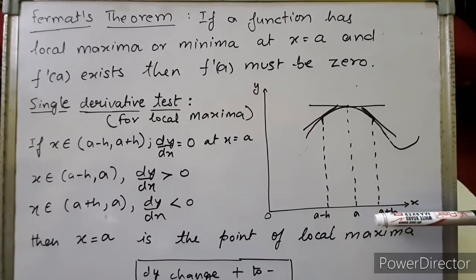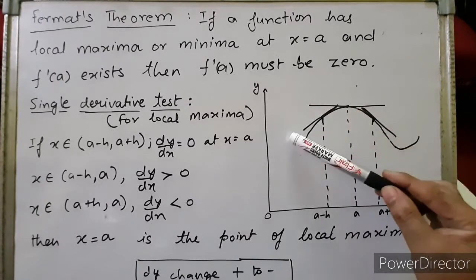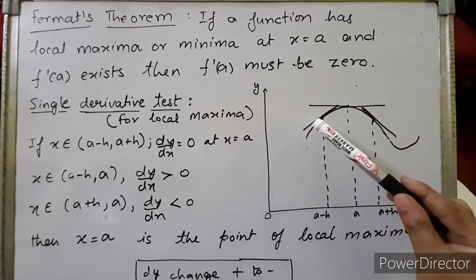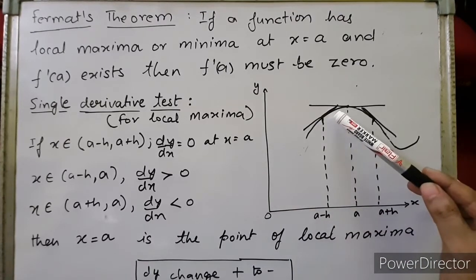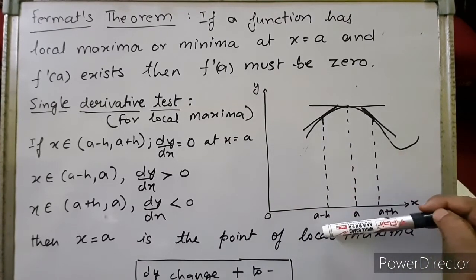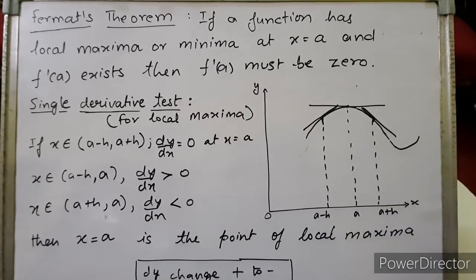You can see that if you draw a tangent at a minus h, the tangent forms an acute angle with the x-axis. That means the value of the derivative at x equals a minus h is positive.